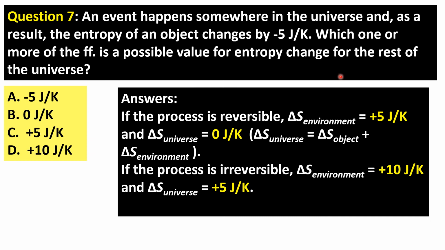In other words, not including the system, but referring only to either the environment or the rest of the universe. So only B, C, and D are considered correct answers. We do not consider letter A.